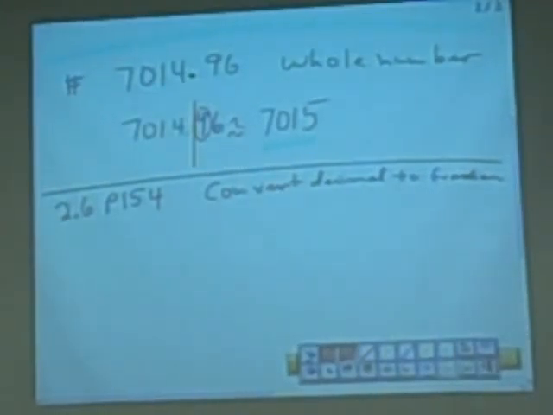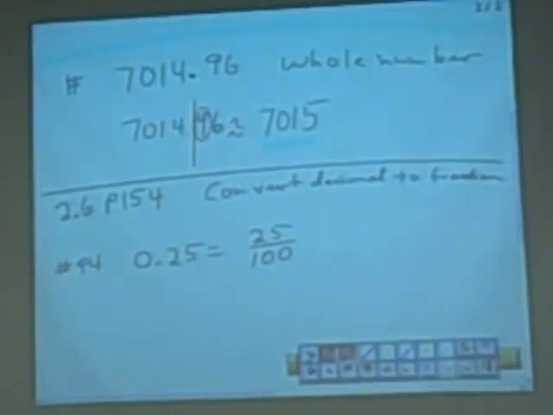And so if we look at problem number 94, here we have 0.25. Okay, we would write that as what? As a fraction. 25 over 100. That's right, 25 over 100.